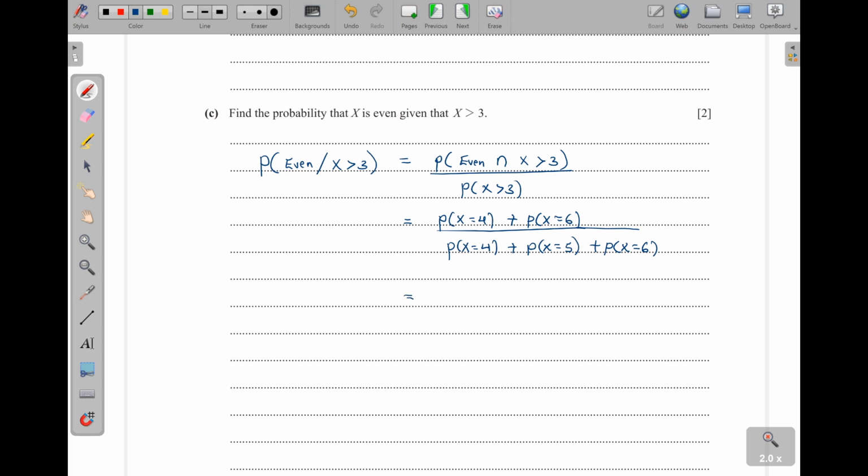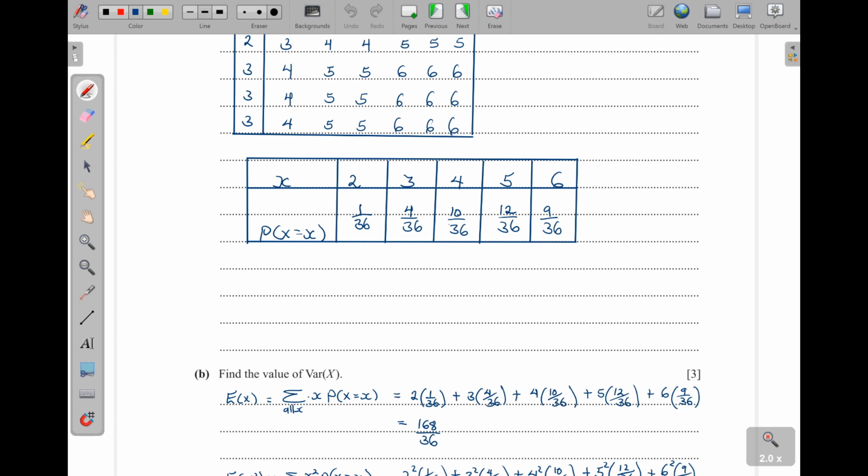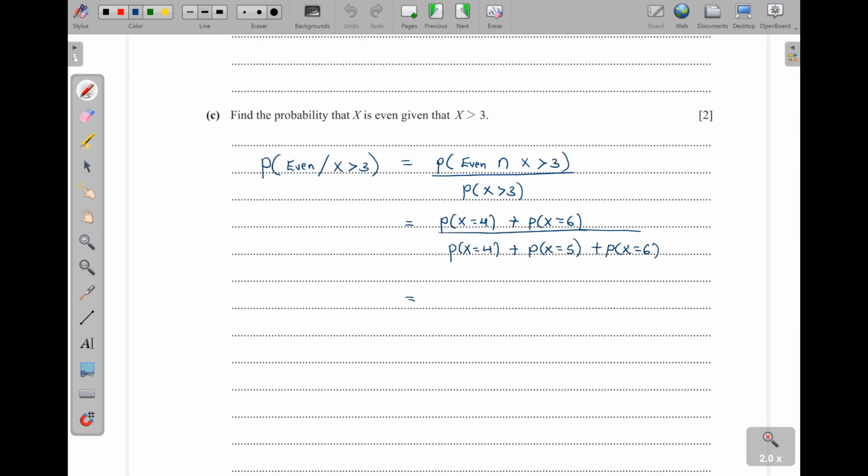Now the probability of X is equal to 4 is 10 over 36, then here 12 over 36, and then 9 over 36. So 10 over 36, then plus for 5 it is 9 over 36. Then I'll divide by 10 over 36 plus 9 over 36.